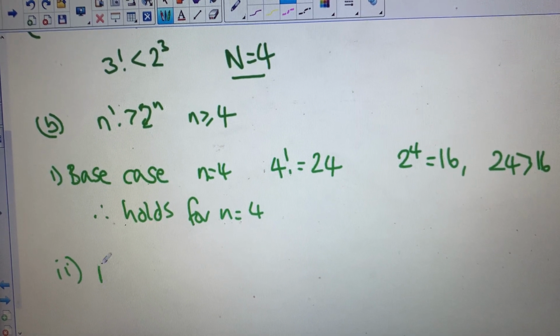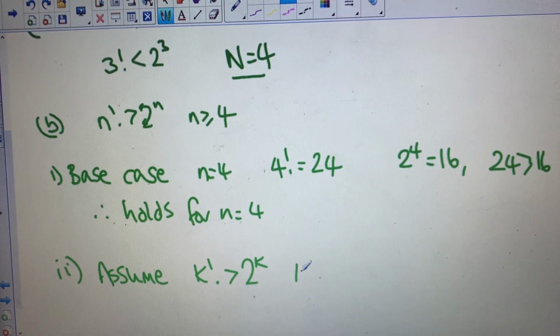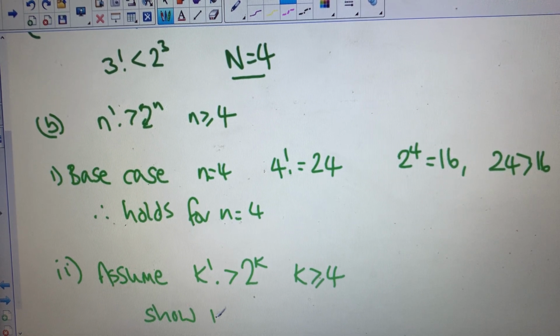And what you would then do is your inductive step. So you assume that k factorial is greater than 2 to the k, where k is greater than or equal to 4, and you need to show that k plus 1 factorial is greater than 2 to the k plus 1.